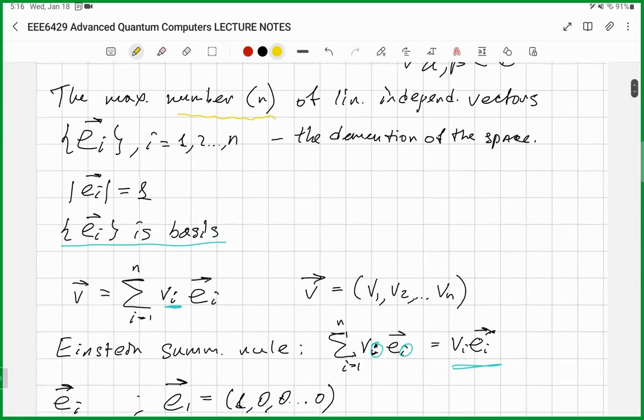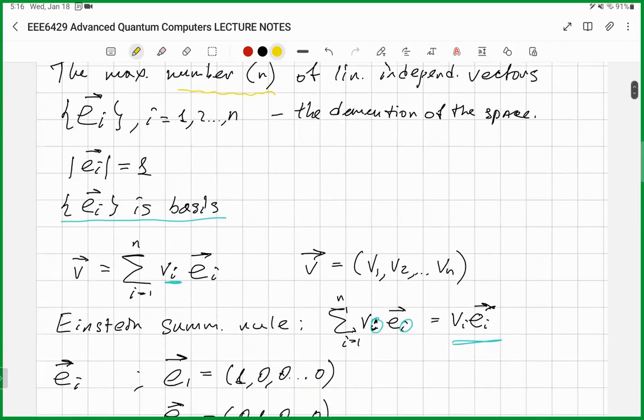And this n can be 1, and then space is one-dimensional. It can be 2, it can be 3. Like for our space, this n is three-dimensional space. It can be any number, even infinity, like a general vector space can be of infinite dimensions.